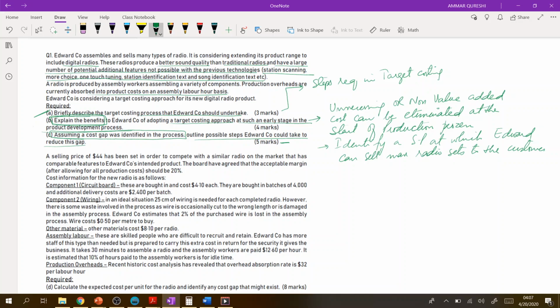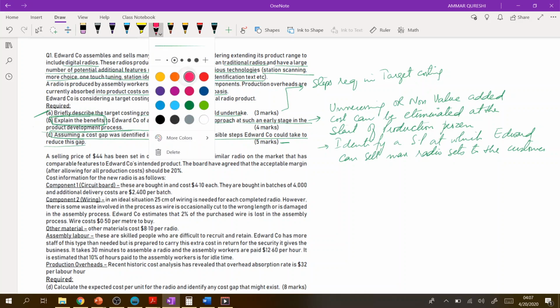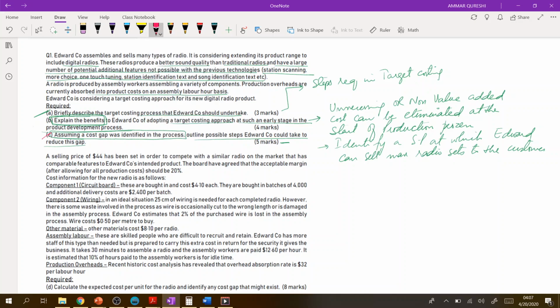Then it says, assuming a cost gap was identified in the process, outline possible steps the company could take to reduce this gap, right? So I personally believe that before attempting the C part, let's not attempt part C before attempting part B and part D, because in part D you have information regarding this product.